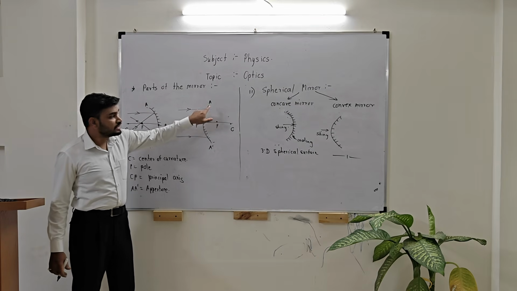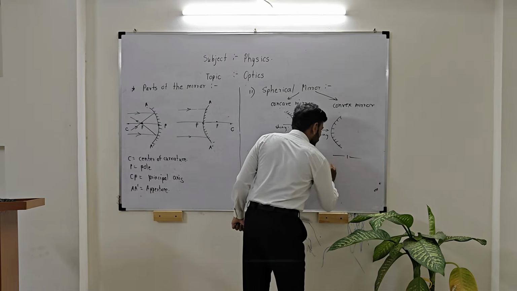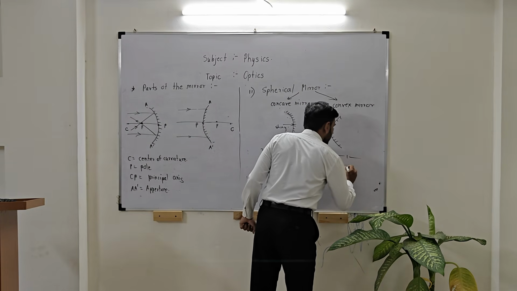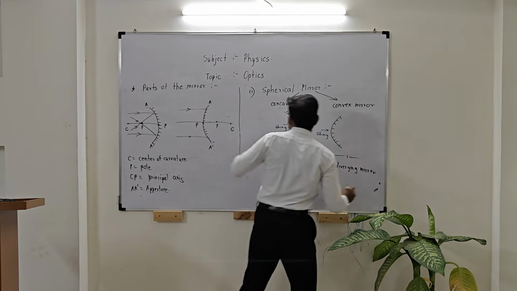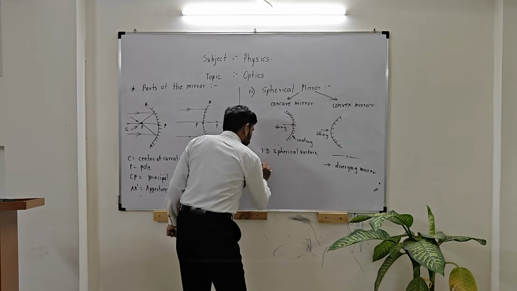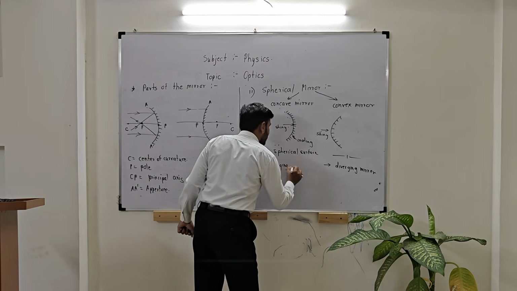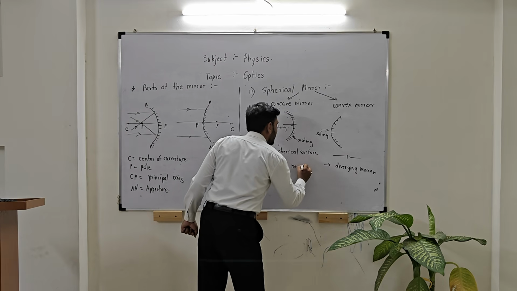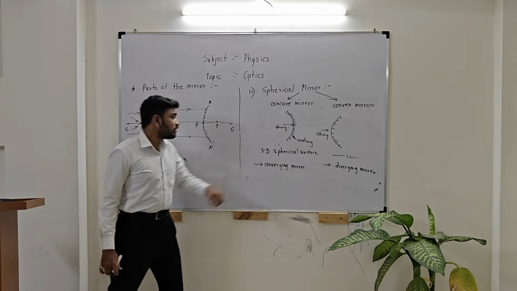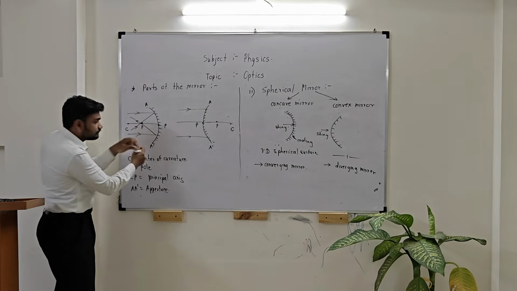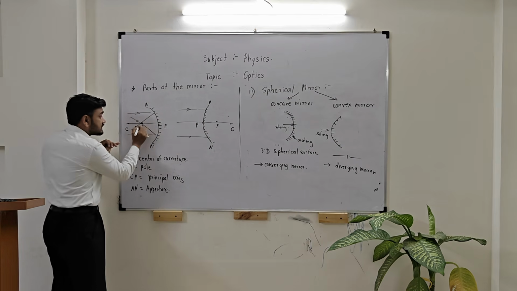The convex mirror is a diverging mirror, and the concave mirror is a converging mirror. Why do we call them like that? As I already explained, the concave mirror is a converging mirror because after reflection the rays of light converge and are concentrated at a single point.